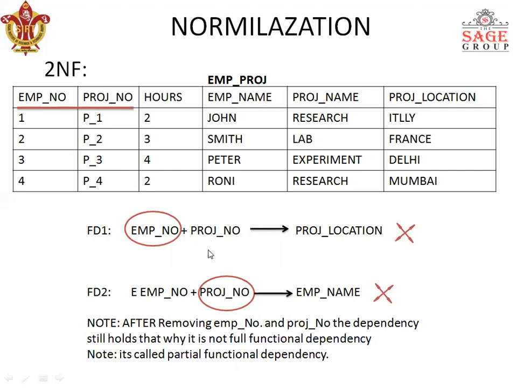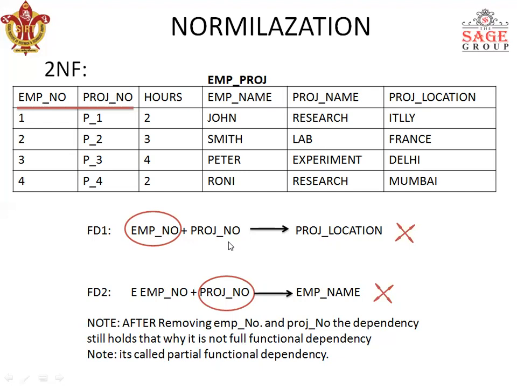But here we want to check: if we remove employee number from this functional dependency, can we identify project location with the help of project number alone? Yes, we can easily identify it. This means the fully functional dependency is broken, since the dependency still holds after removal.